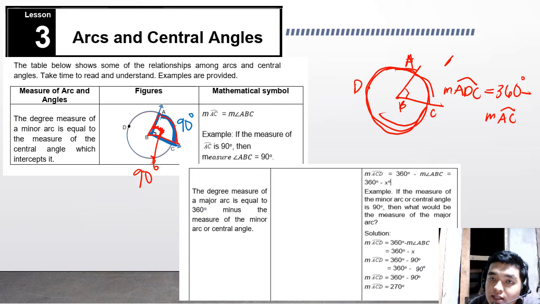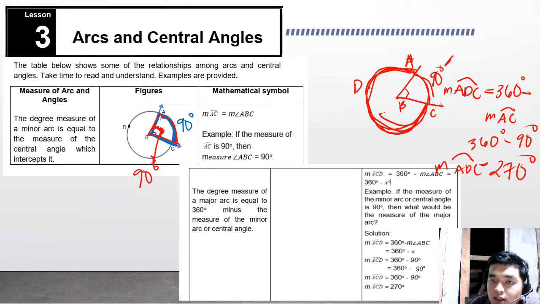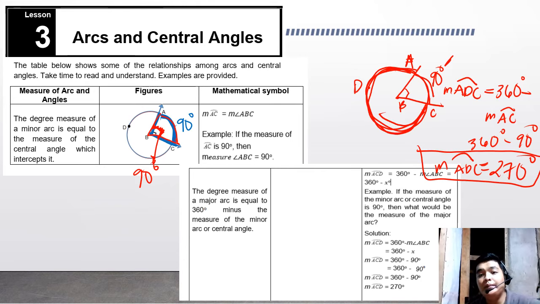So if this is 90 degrees, the measure of the major arc is 360 degrees minus 90 degrees, so that is 270 degrees. The measure of major arc ADC is 270 degrees. That's for the major arc.